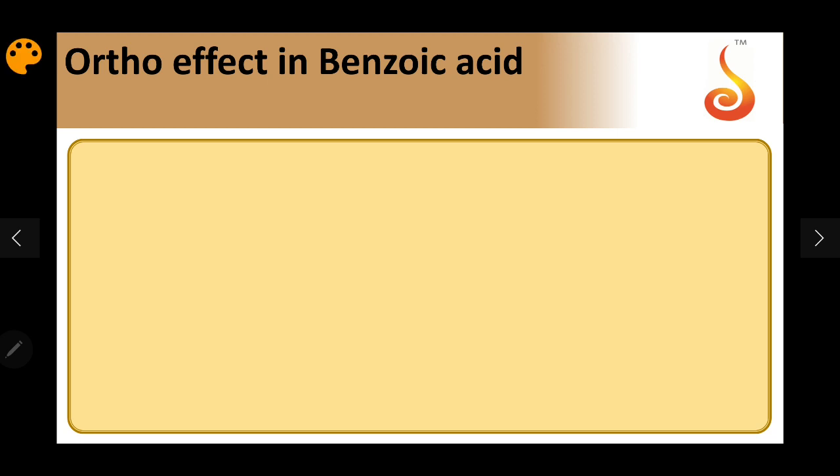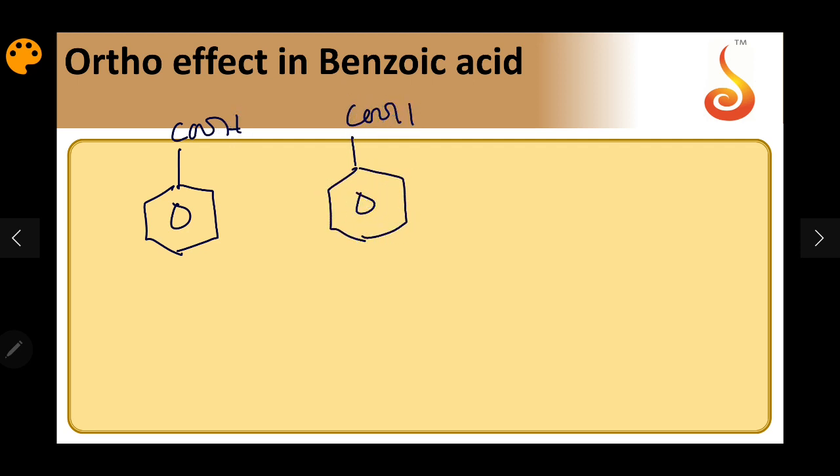In the case of benzoic acid, we have an additional effect called the ortho effect. The ortho effect is: if I take any group G at the ortho position, irrespective of the nature of G, the acidic strength of ortho-substituted benzoic acid is always more than that of normal benzoic acid. This is mainly because of steric factors.